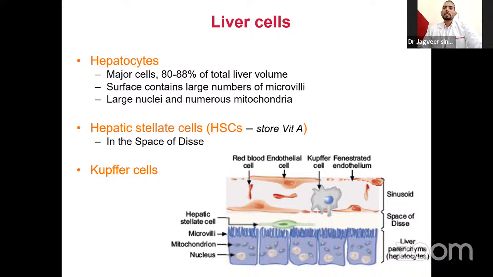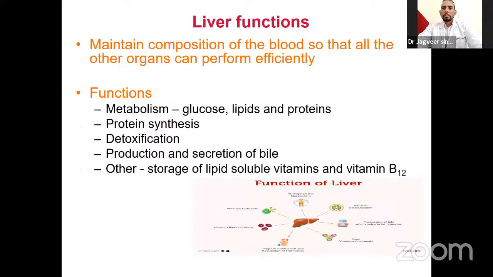The second type, the hepatic stellate cells, mainly store vitamin A, and they are found in the space of Disse. The third type are Kupffer cells. They work like the policemen of the liver, and they remove microorganisms from the liver. Can we do the next slide?